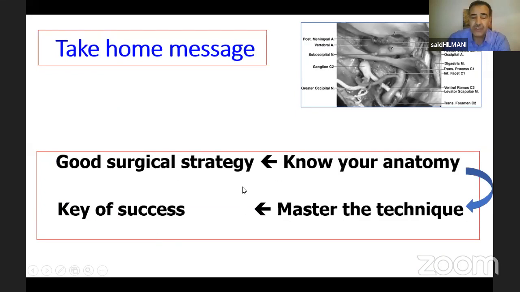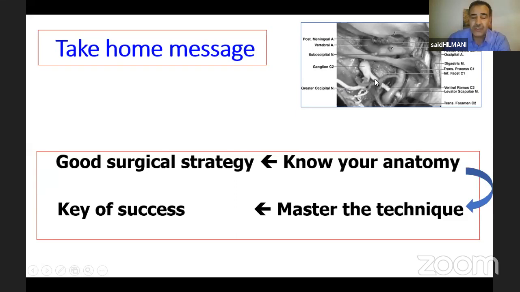our anatomical structure before going to operate in this important, complex, challenging area with the ganglion, the C2 nerve with its posterior and anterior branches.